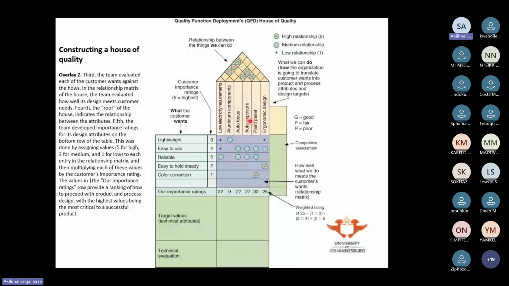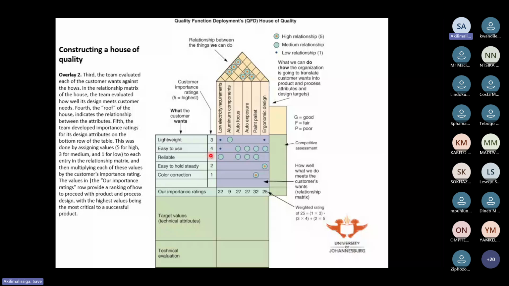Now, in this case, we have 5 ones here, and you need to rate them based on their level of importance. The highest number shows the one that is more important than the others.